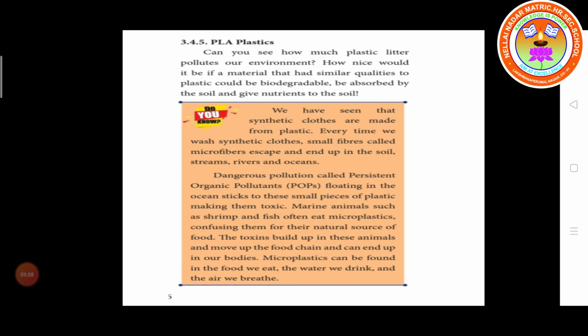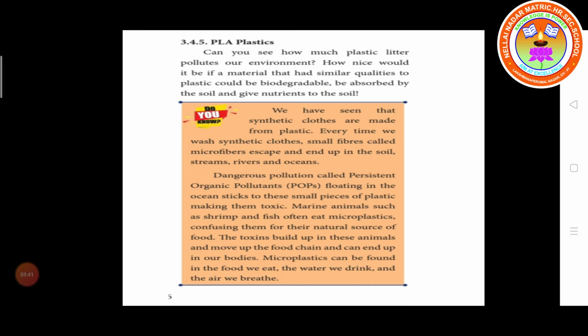Do you know? Synthetic cloth is made from plastics. Every time we wash synthetic cloth, small fibers called microfibers escape and end up in the soil, streams, rivers and ocean. A dangerous pollution called persistent organic pollutants, that is POPs, floating in the ocean sticks to the small pieces of plastic, making them toxic.